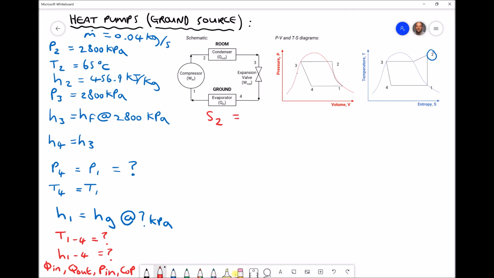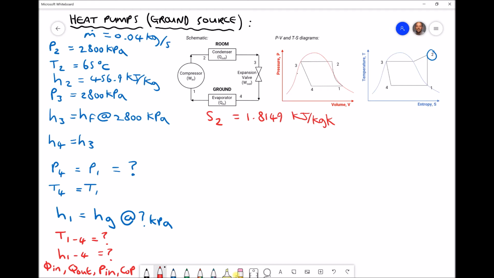And S2 was 1.8149 kilojoules per kilogram Kelvin. Note the units are different there because when we relate to entropy, the units are kilojoules per kilogram Kelvin, as taken from the tables, and when we're looking up enthalpies, those values are in kilojoules per kilogram. There is a legend at the top of the table that tells us this.